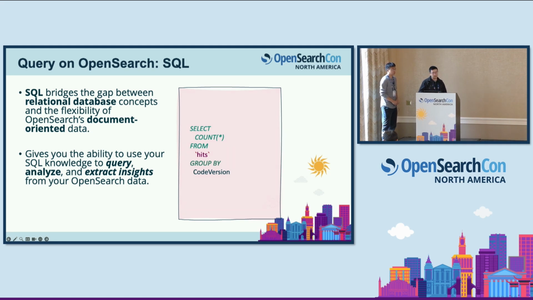So you can use your SQL knowledge to query and analyze data from OpenSearch. Here is also a SQL query, which is to group by code value. This SQL is equivalent to the previous DSL.